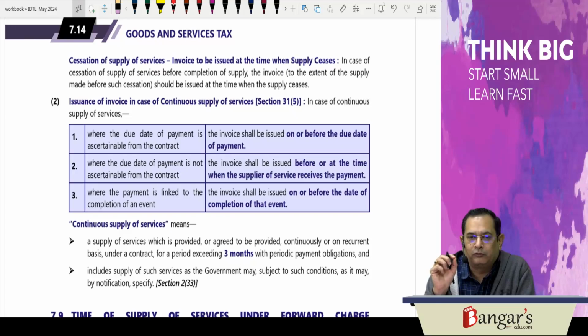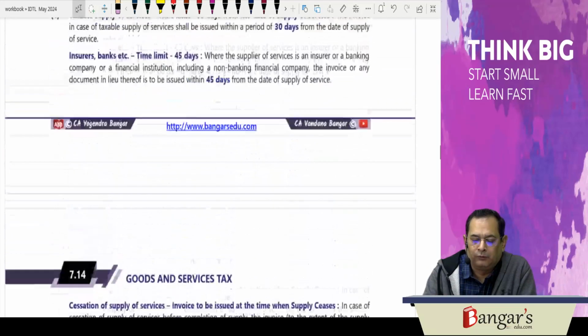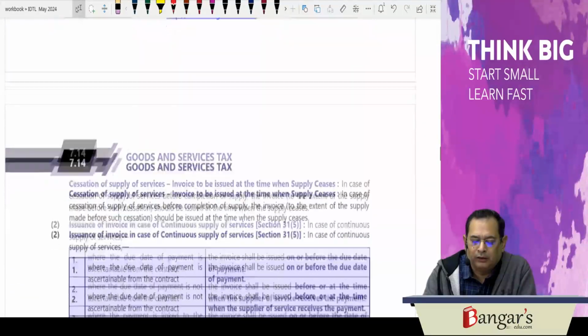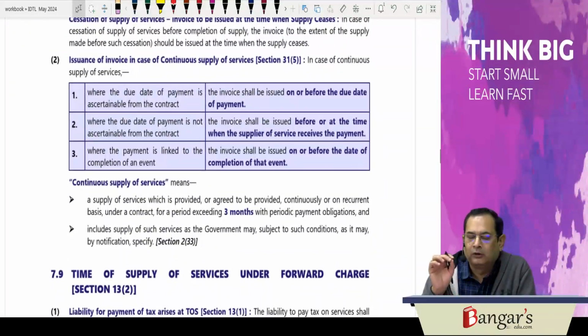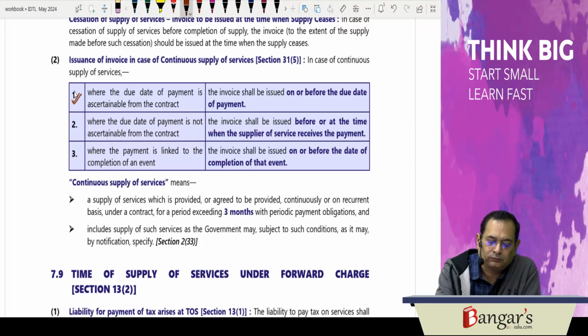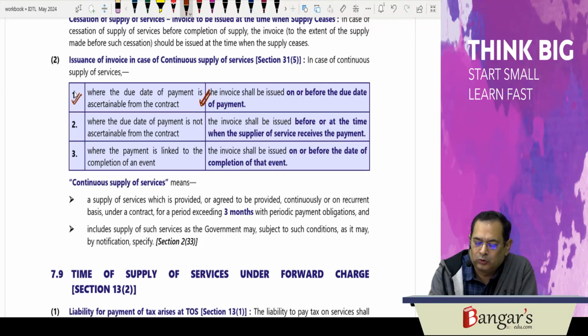Now, what are the invoice provisions in respect of continuous supply of service? In case where the due date of payment is ascertainable from the contract, the invoice is to be issued on or before the due date of payment.